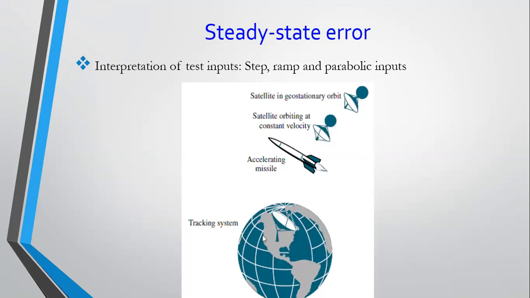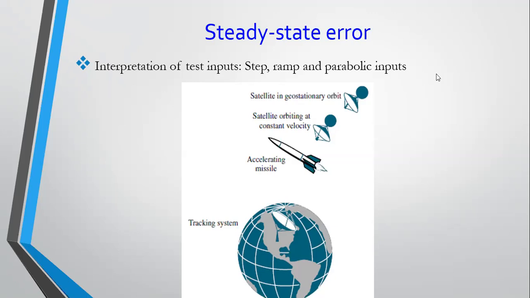Say you have a tracking system located in a given country on Earth, on land, tracking something in space. If you have a geostationary satellite in orbit, that's an example of position tracking, so you're going to use a step signal to test the ability of the system to track a geostationary orbiting satellite.